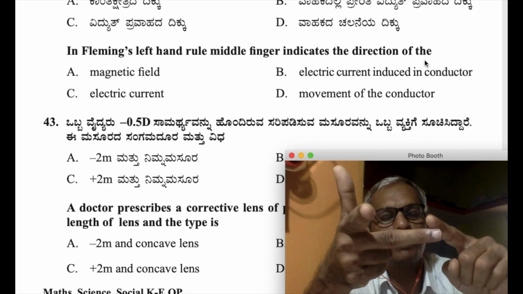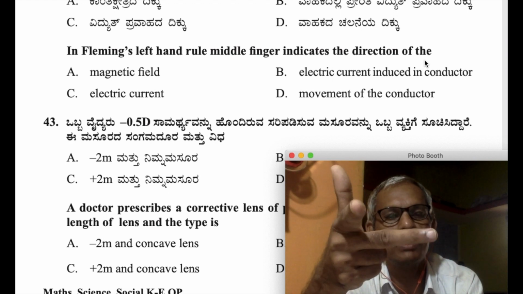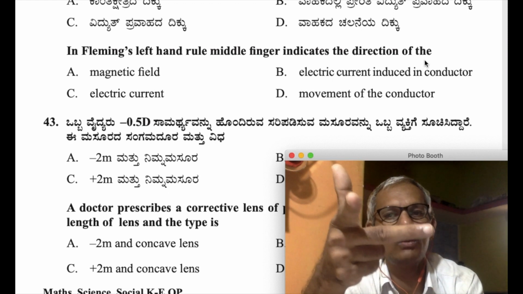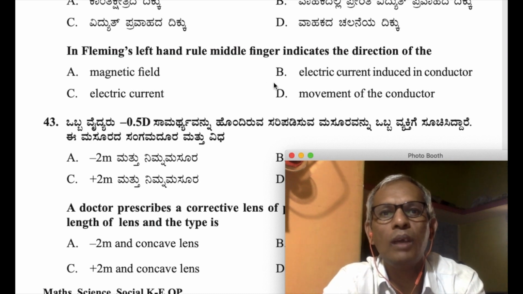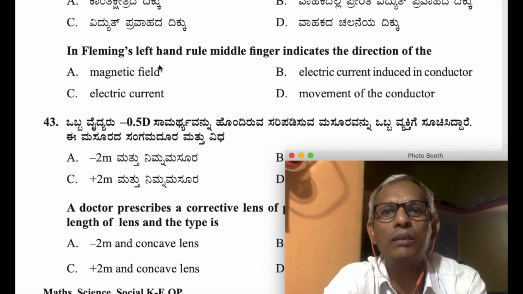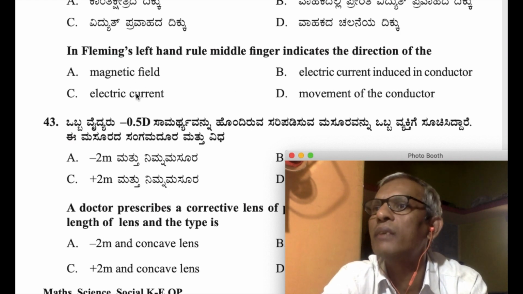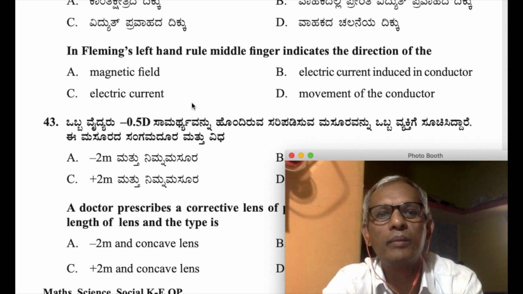So the middle finger represents the direction of the current in Fleming's left hand rule, which is the motor rule. So the answer is C, electric current.